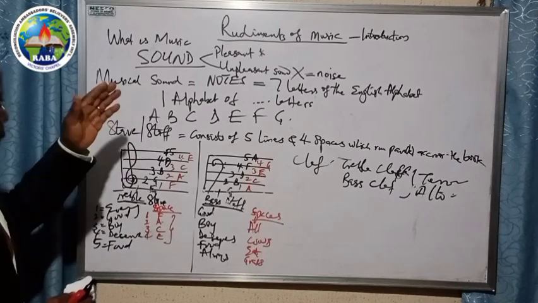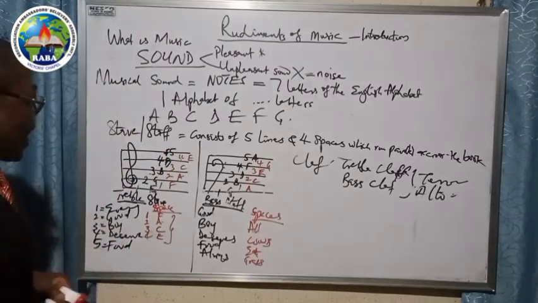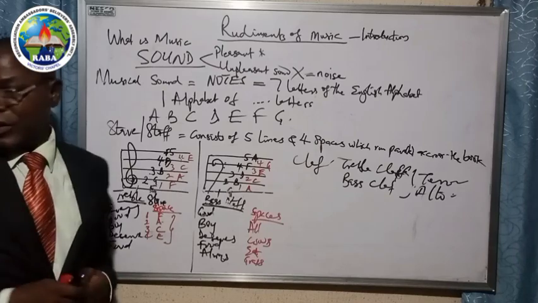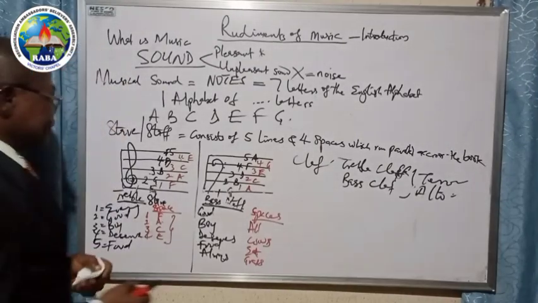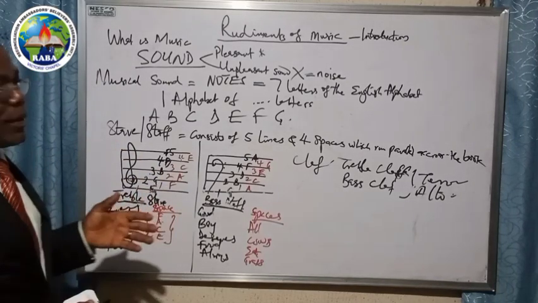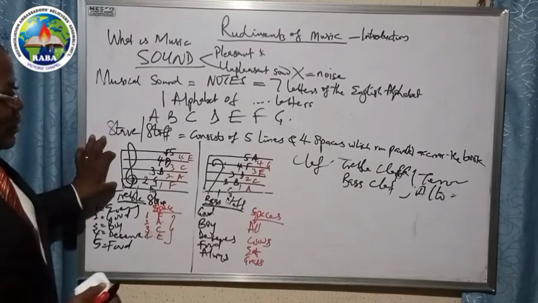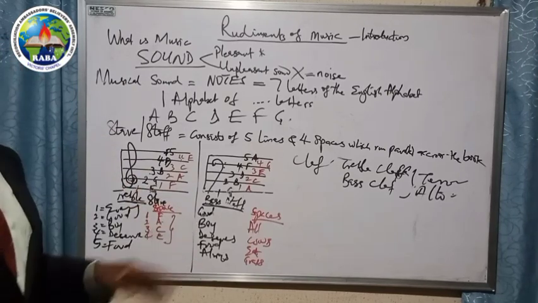But now we have to place these clefs and allow you to see how it actually appears in real life. So we saw in the previous lesson the signs of treble clef and the signs of bass clef.